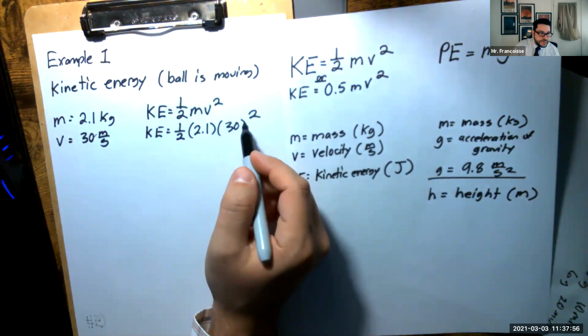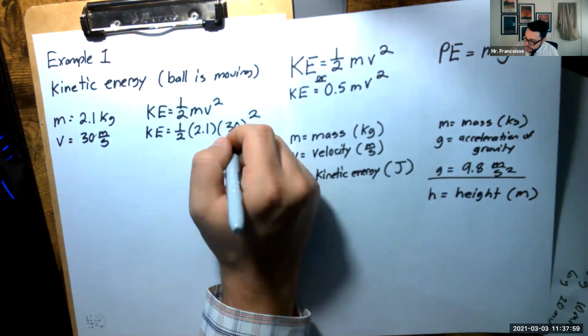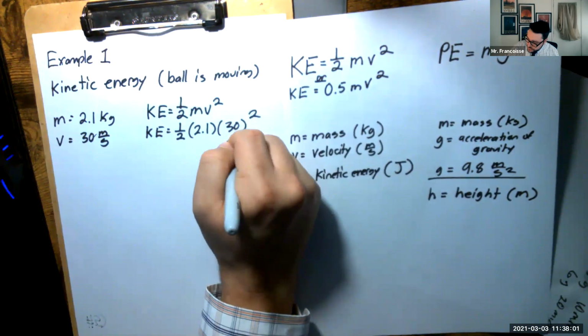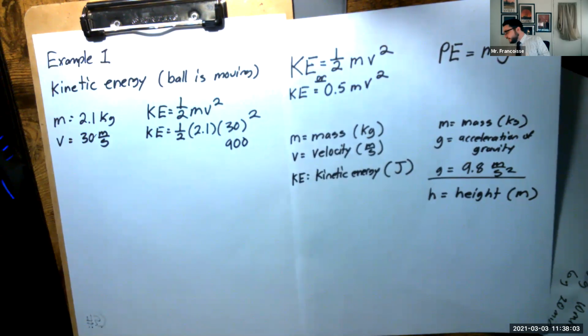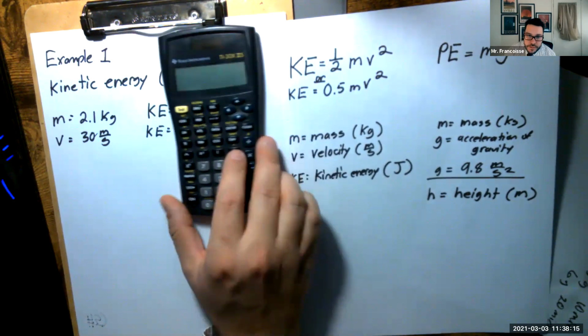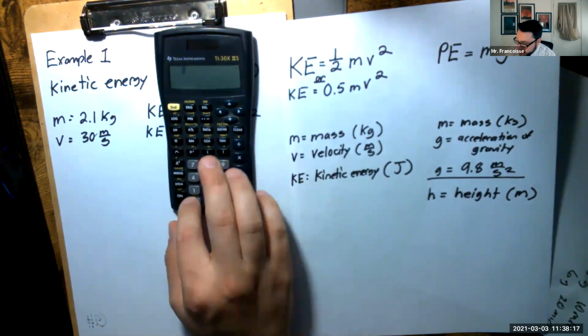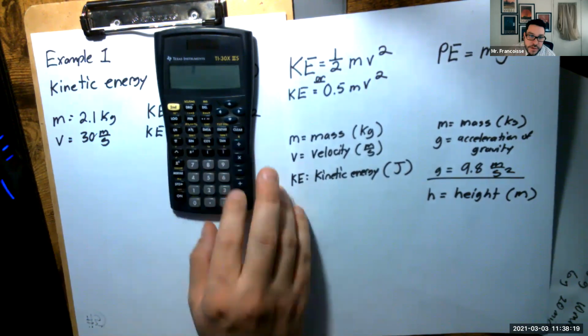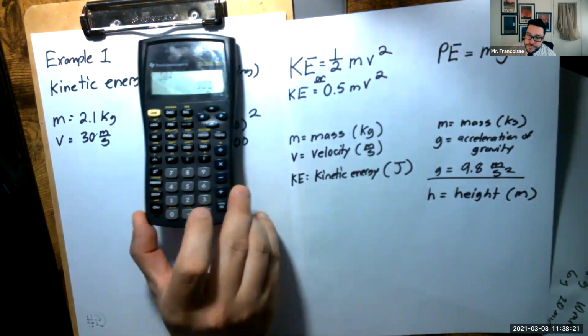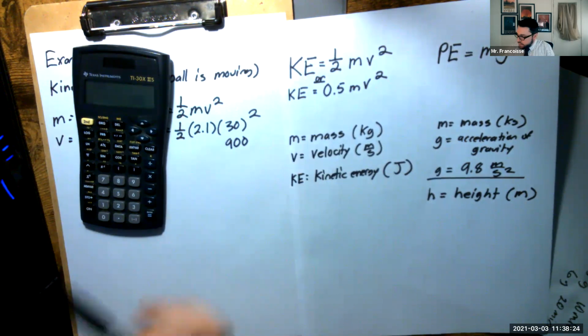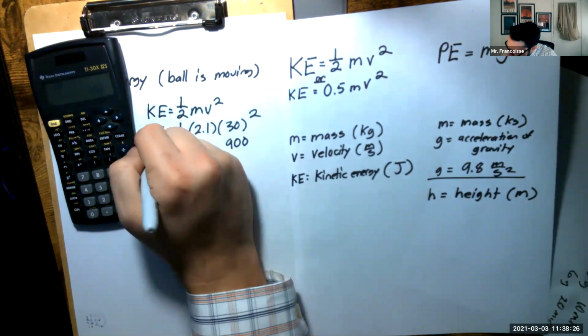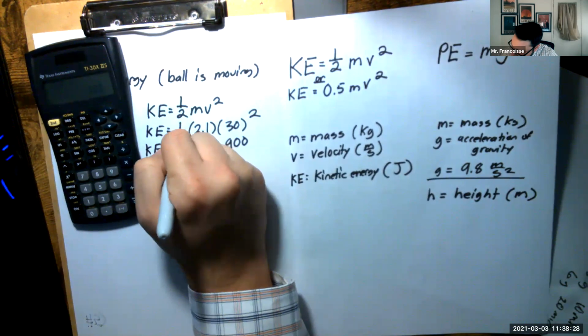So if we square this, 30 times 30, we should get 900. So let me get my calculator out so we can go through this. So 30 squared will give us 900. So put that down. And from here, we're just going to work it out in steps.